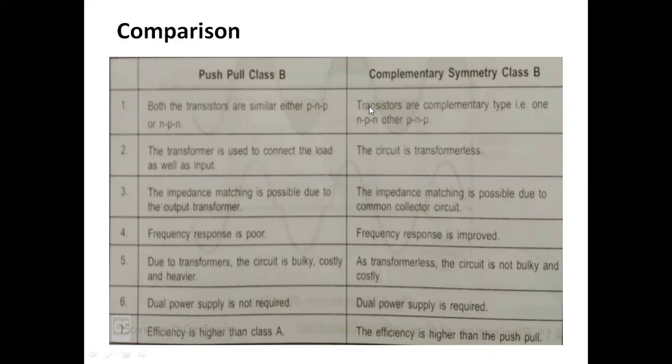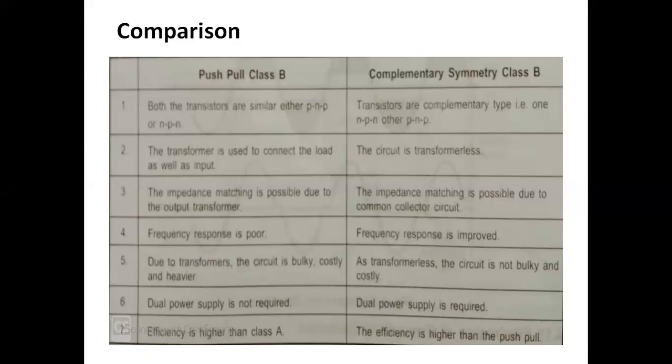And second difference. In push-pull amplifier, we are using a transformer. The transformer is used to connect the load resistance RL to the circuit. Here we are using two transformers, at the input and at the output also. And in the complementary symmetry amplifier, this is a transformerless circuit. There is no transformer.